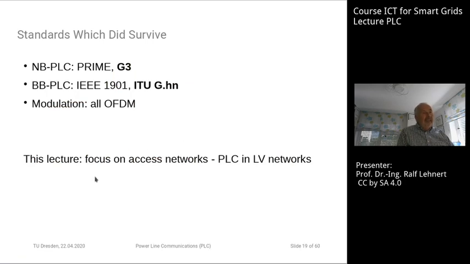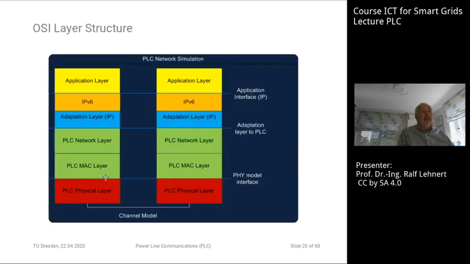So, again, I mentioned this already, this lecture focuses on access networks. So we are talking for smart grids about PLC in the low voltage area, in low voltage networks. We are transferring data. We have the standard OSI ISO layer structure. This holds also for PLC.